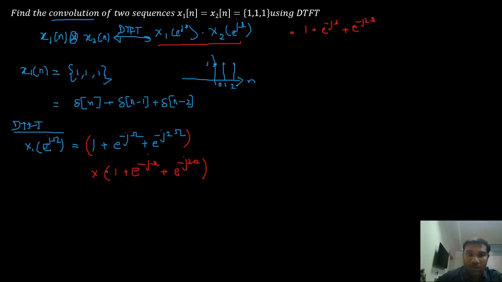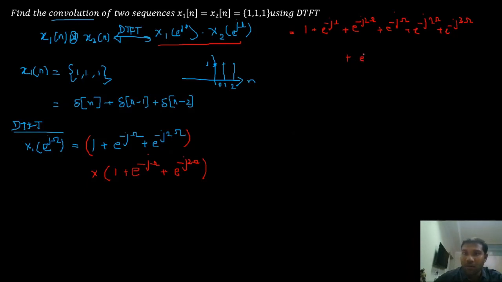So 1 into this entire thing. Now e power minus j omega into the entire term. So e power minus j omega plus e power minus j 2 omega plus e power minus j 3 omega, and plus now e power minus j 2 omega into the entire term.